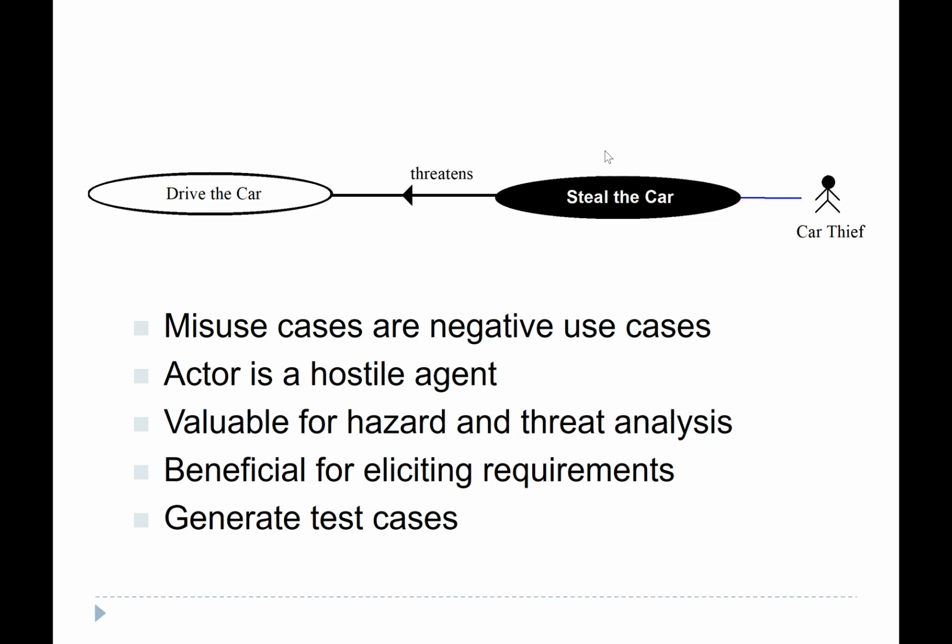Now, remember at the beginning of this lecture, I said that a misuse can happen intentionally, or it can actually happen unintentionally. So you can see an actor showing up in a use case diagram with the regular use case, but you can see an actor actually shown as a misuser. Okay, so the opposite of an actor is a misuser, and it will have the same exact name.